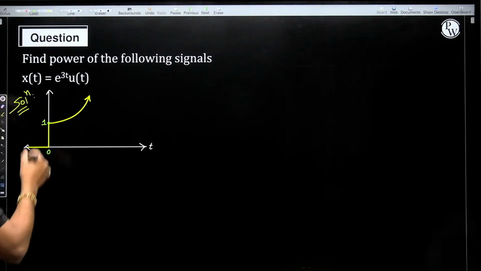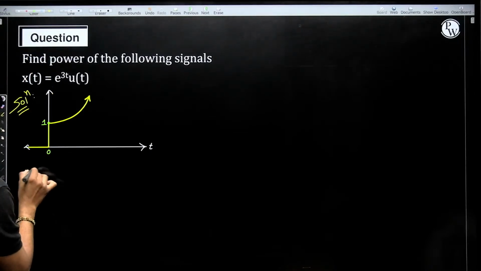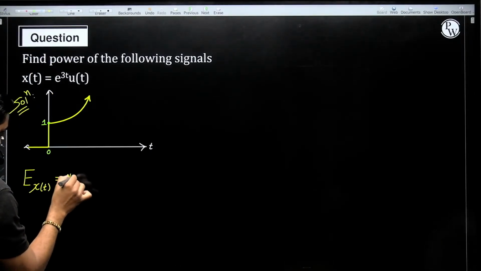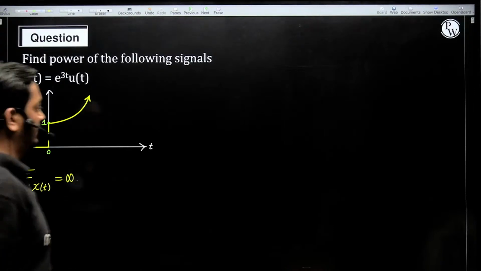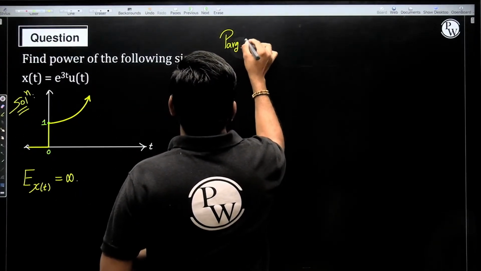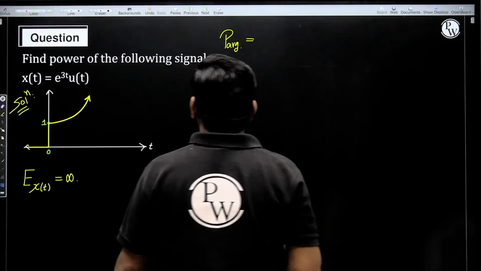Okay, this is the exponential increasing function, so energy is infinite. Now what about the average power? As I told you, if it is an increasing function, whether right-side increasing or left-side increasing, energy will be infinite.